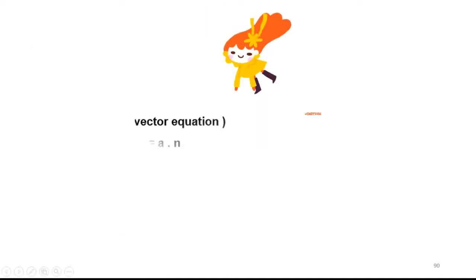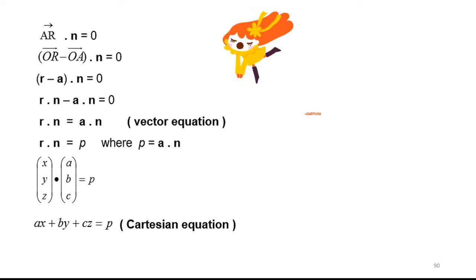Okay. So, how to write equation of plane? We have AR dot n equal to 0. And we know that direction of AR is R minus A. So OR minus OA, we can write it as R minus A. And then we use the properties of dot product.